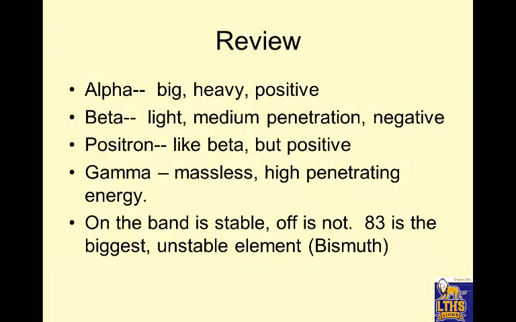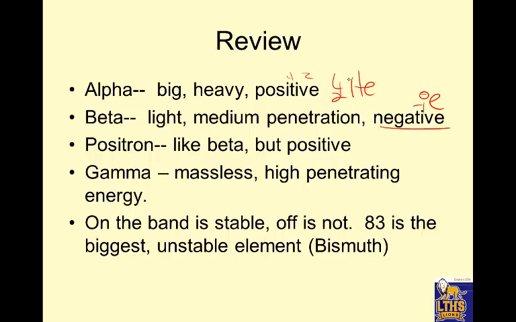Alright, just to review, we need some music, okay? Alpha, 4,2. It's a positive 2 charge, heavy, mass of 4, and pretty big. So you can block them with paper, okay? Beta, 0, -1, right, negative charge.